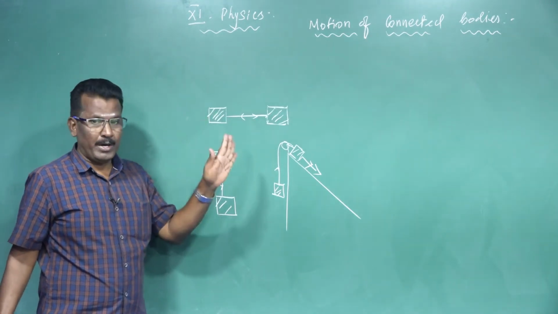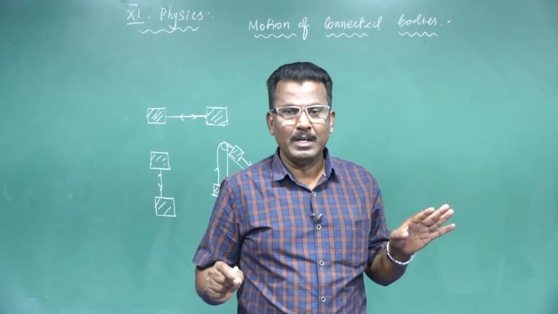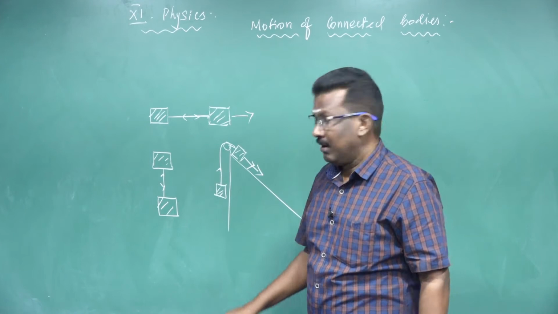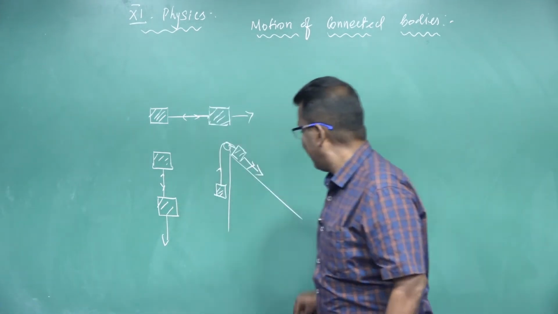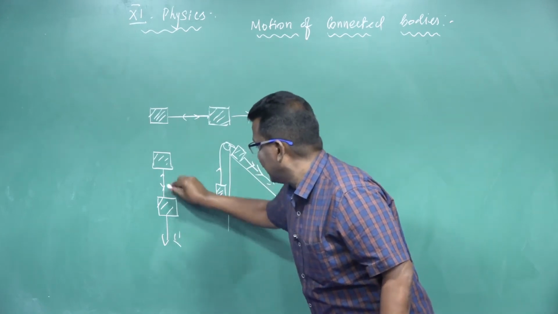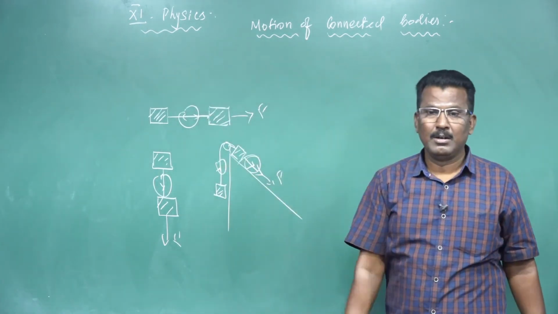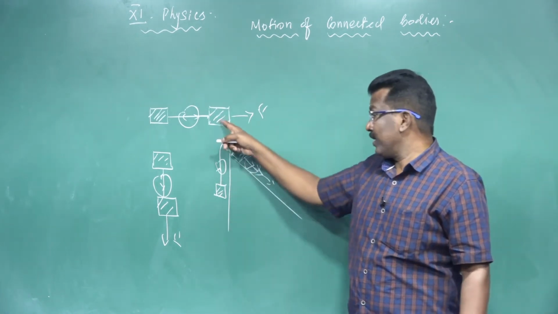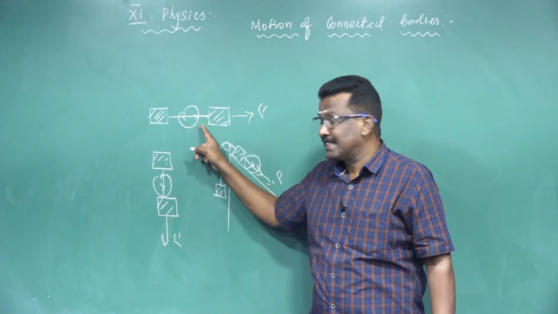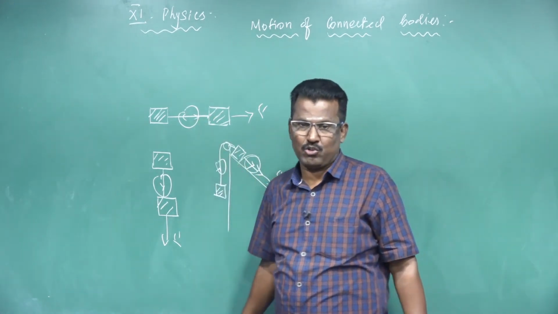If any two bodies are connected by means of a string and a force is applied either horizontally, vertically or inclined, tension is produced in the string, which affects the acceleration of the body. Now what is that acceleration and what is the tension produced in the string, we are going to calculate in this topic.